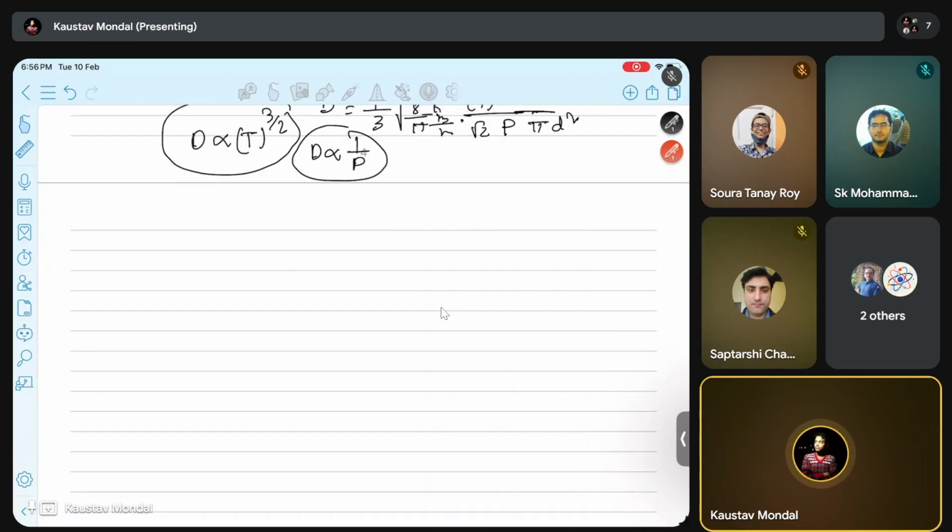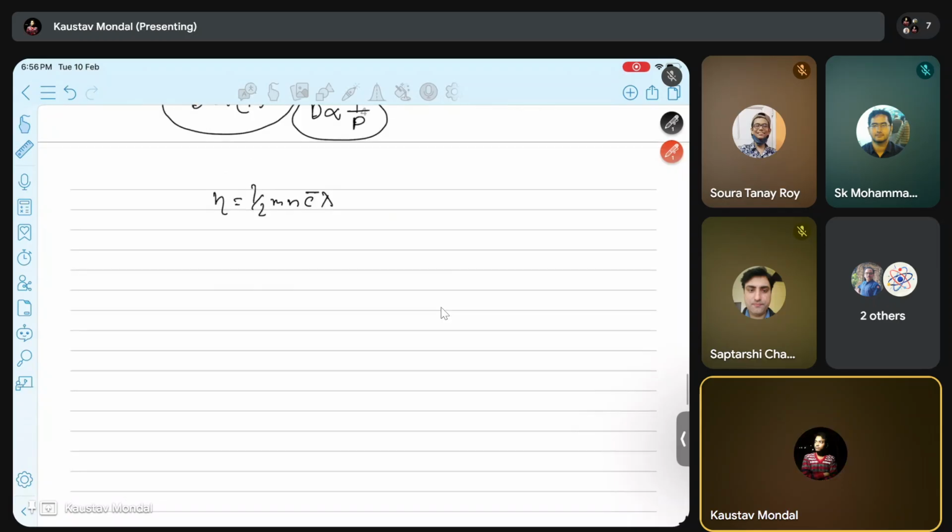Like the viscosity coefficient eta, that is given by 1 by 3 m n c bar lambda, or you can write it like this also, 1 by 3 rho c bar lambda, and D we know is 1 by 3 c bar lambda.